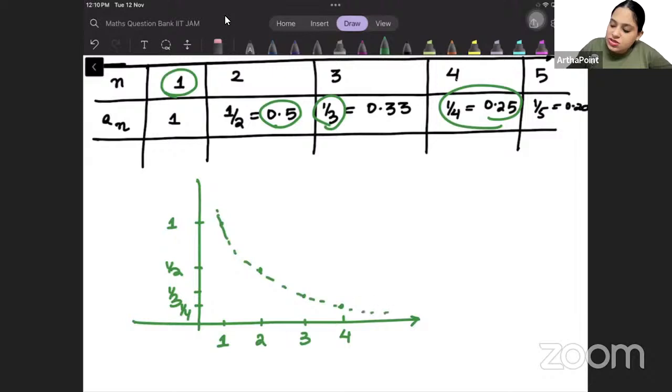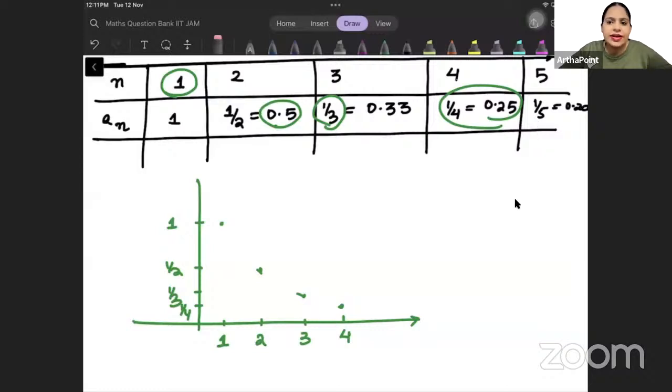You will notice that I cannot make this continuous, this is just for discrete n. But you will notice that these terms go closer and closer to 0. They approach 0. It means that it is a decreasing sequence. The values are decreasing in nature. So a monotone sequence can be strictly increasing or strictly decreasing.